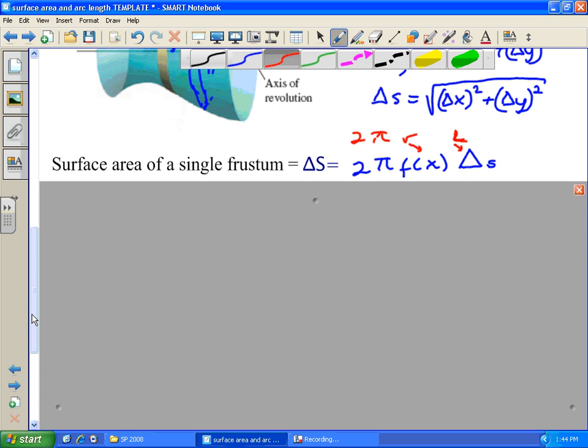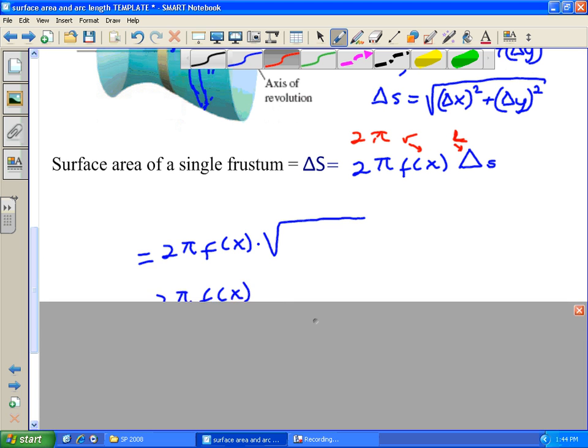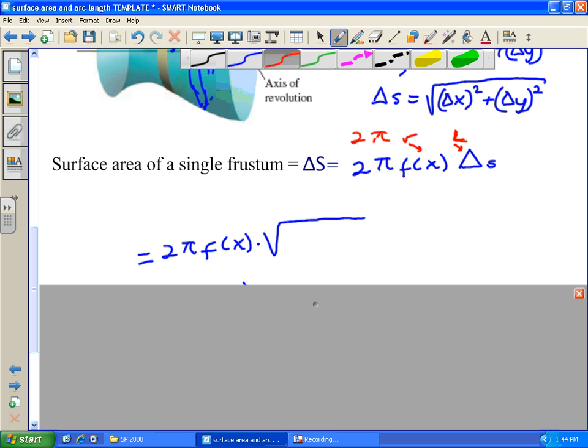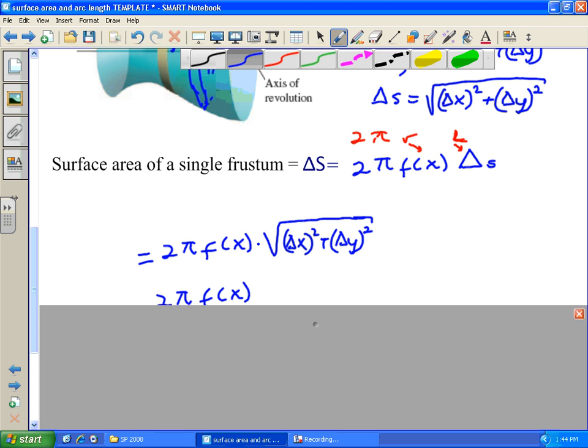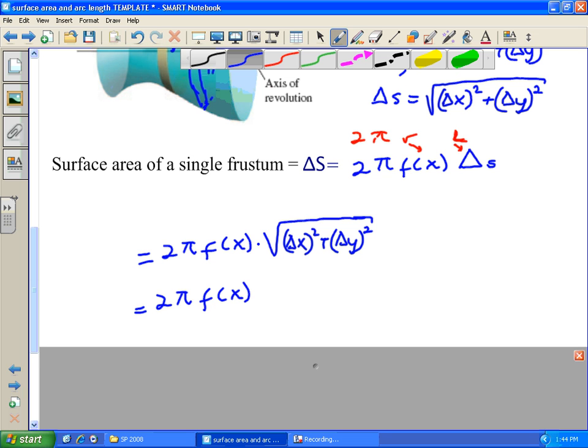And from here, all we have to remember is we just know what delta s is, right? Let's put that in there. Delta s is the square root of delta x squared plus delta y squared. And let's just fast forward the part where we multiply the top and bottom by delta x, and we put the delta x under the square root. What did we end up with when we did that? If you multiply the top and the bottom by delta x, we ended up with the square root of what?